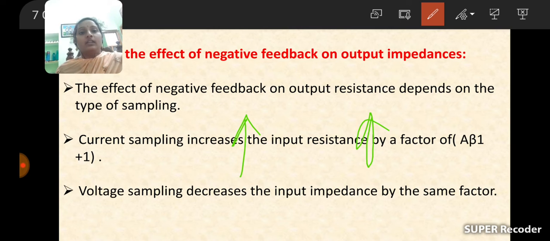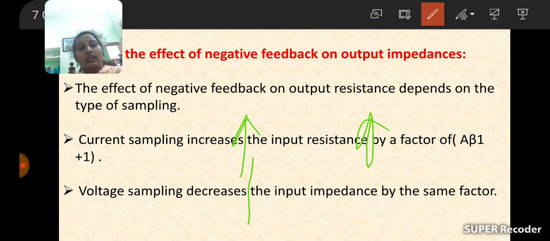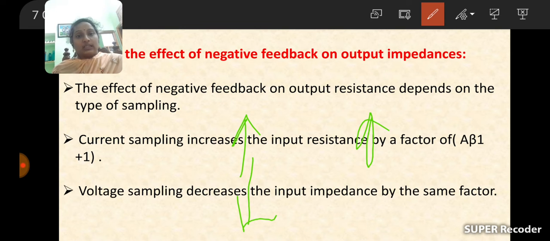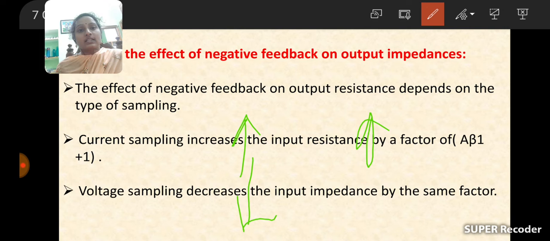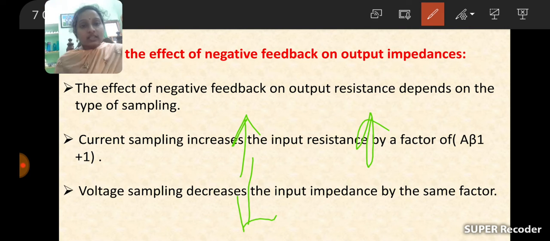Current sampling will increase the resistance by a factor of 1 + A beta. The voltage sampling will decrease the impedance by the same factor.